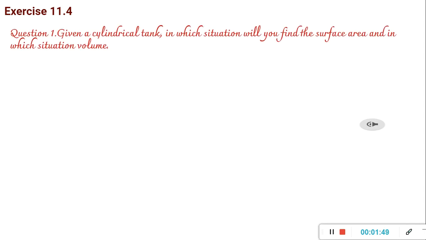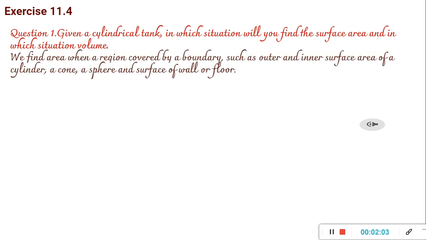Let's start Exercise 11.4. Question number 1. Given a cylindrical tank, in which situation will you find the surface area and in which situation volume? For finding area, it is a region covered by a boundary, such as the outer and inner surface area of a cylinder, a cone, a sphere, and the surface of a wall or floor, right?